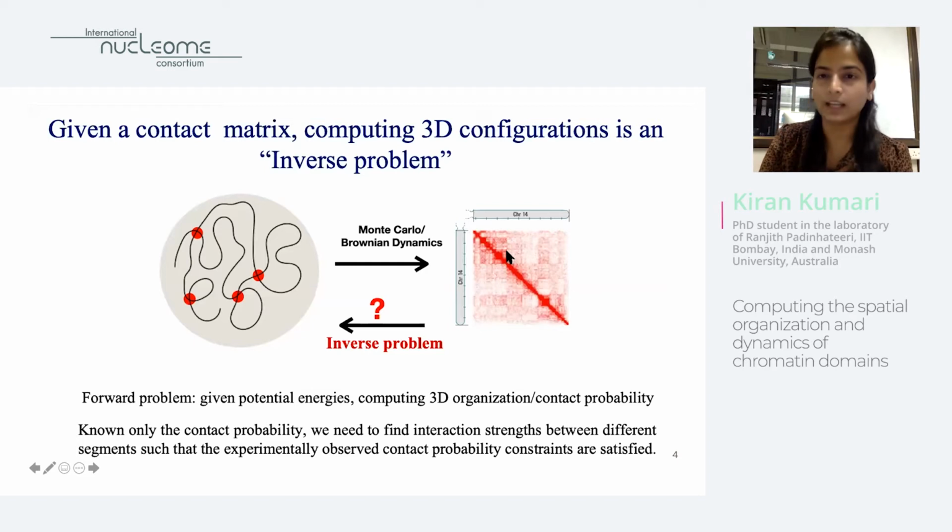But in the current scenario, we have the contact probabilities from experiment, and to understand the chromatin organization, we need to fetch back the interaction strength between different chromatin segments. It's an inverse problem. My aim is that, knowing only the contact probability from experiment, we need to find the interaction strength between different segments such that the experimentally observed contact probability constraints are satisfied.